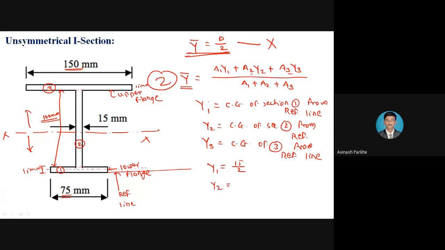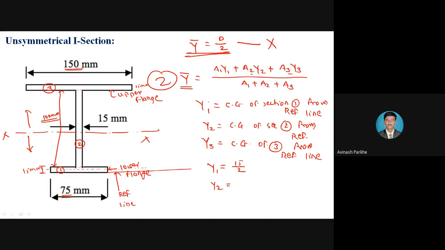What is the Y2? What is the vertical distance of section number 2? 100. Correct? What is the vertical distance of section 2? 50.